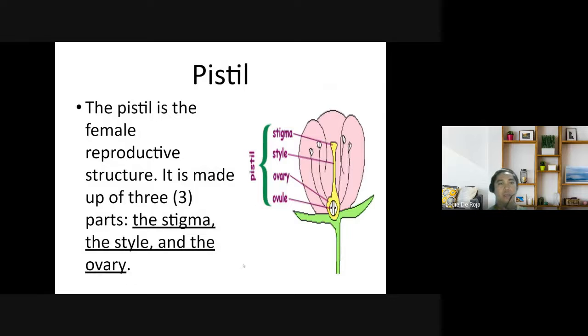So first is pistil. The pistil is the female reproductive structure. It is made up of three parts. We have the stigma, the style, and the ovary. So yung ovary, ito po yung place kung saan na-produce po yung ovule, yung egg cell ng flower.